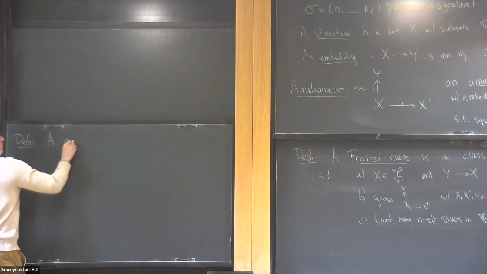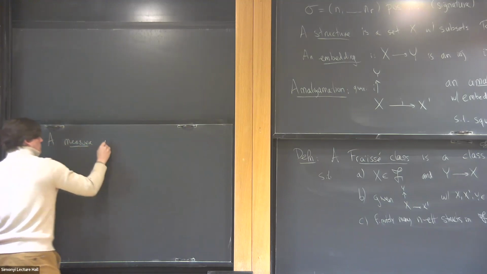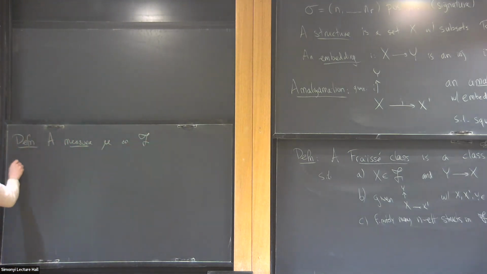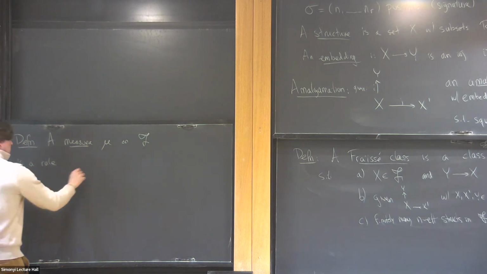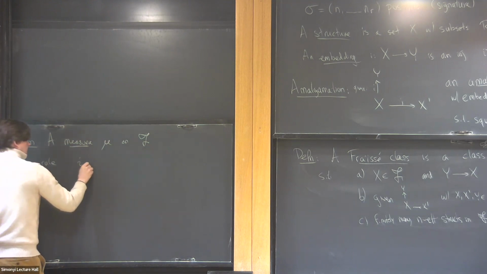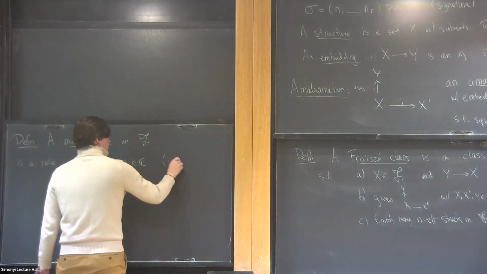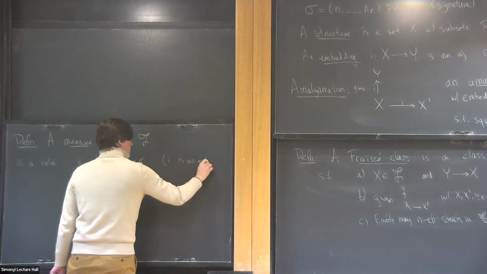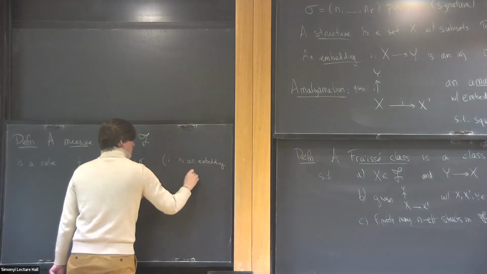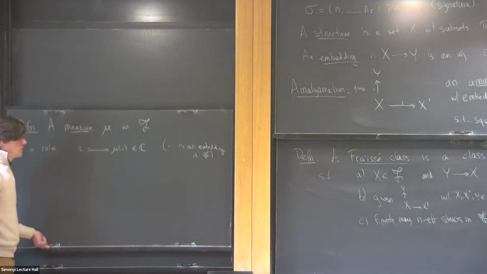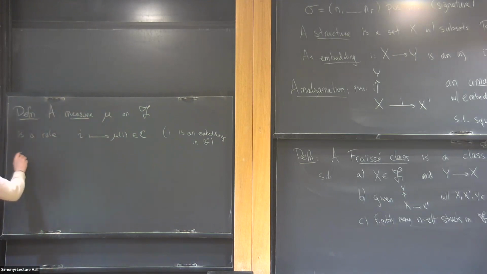A measure mu on a class F is a rule which attaches to every embedding of structures in F a number, so I goes to mu of I, where I is an embedding, such that three conditions hold.